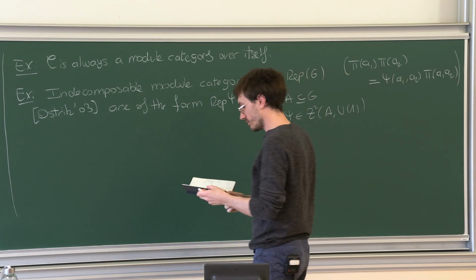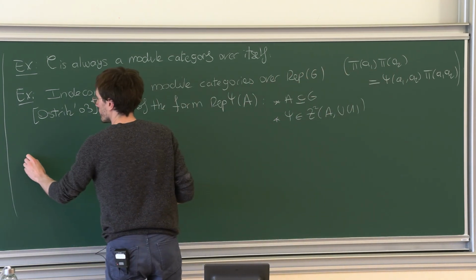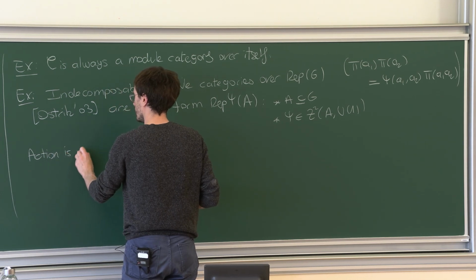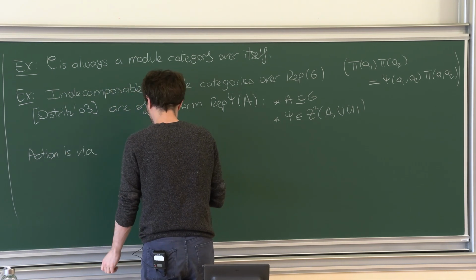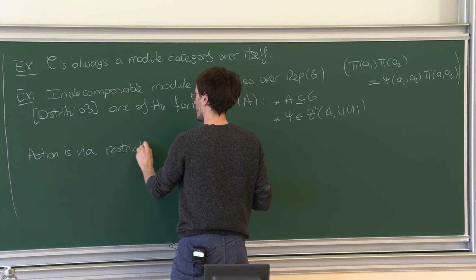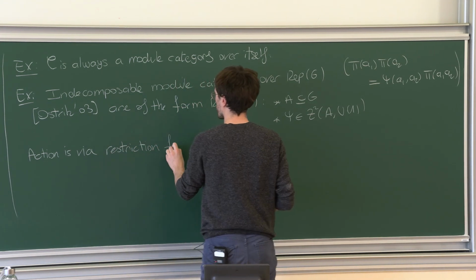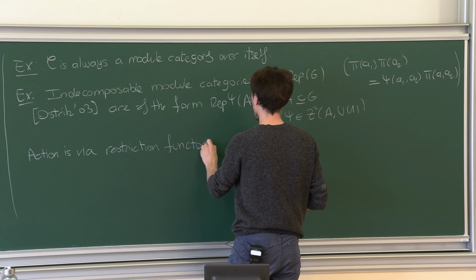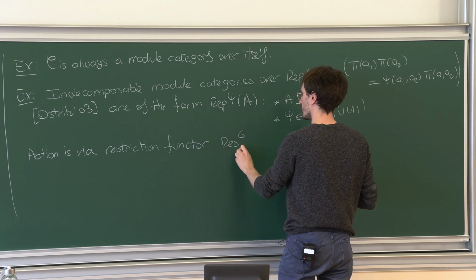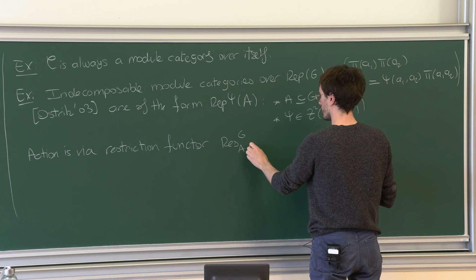Now, how does the action look like? So the action is via what we call a restriction functor. It's something that is very natural actually. It's just saying that you restrict your representations.